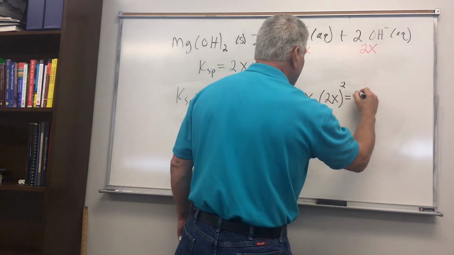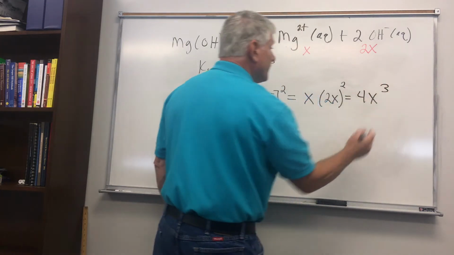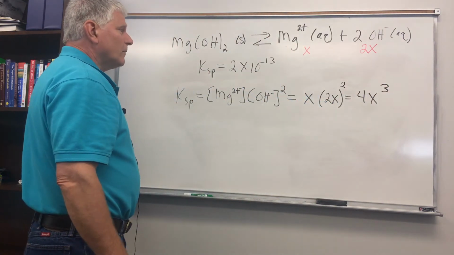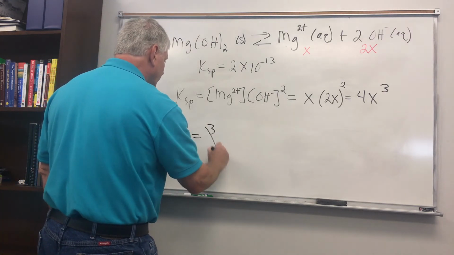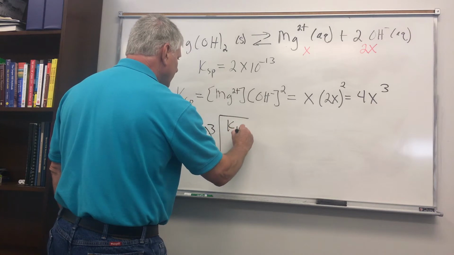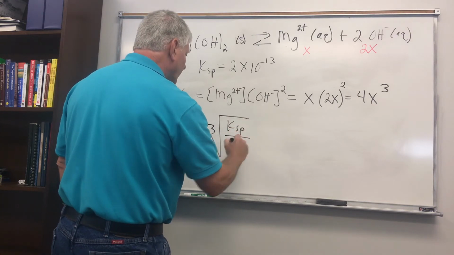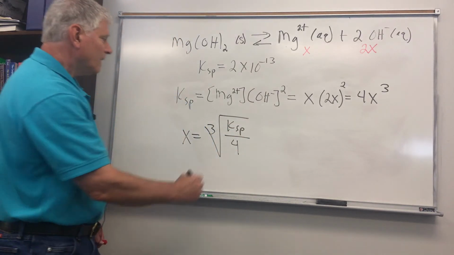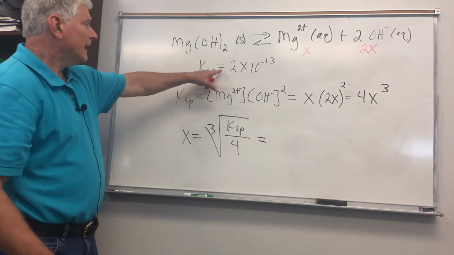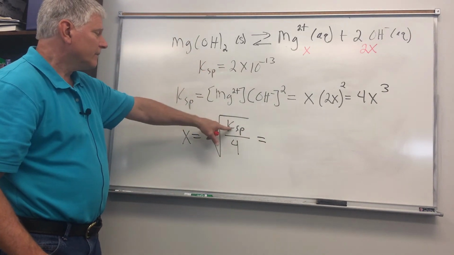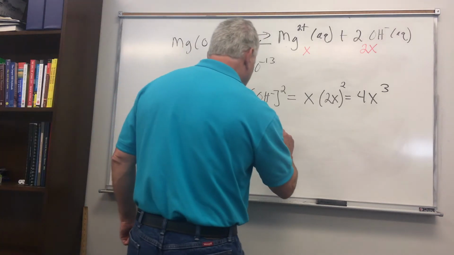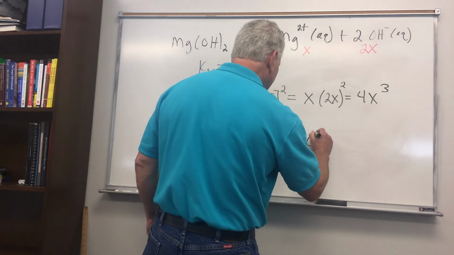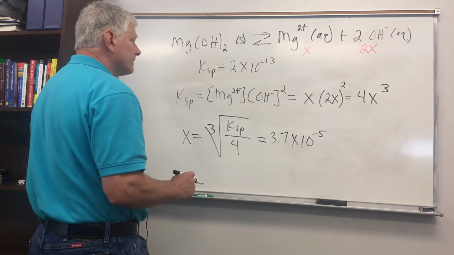So this will be 4X cubed. So we can solve for X. So X will be the cube root of KSP divided by 4. KSP has this value, so we'll plug this value in under the radical, and then solving gives 3.7 times 10 to the minus 5th for X.